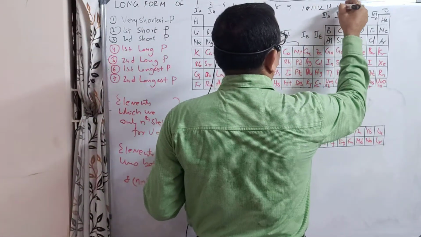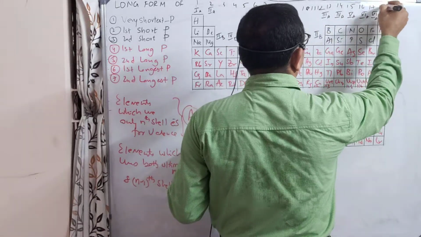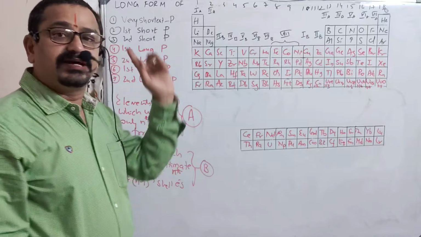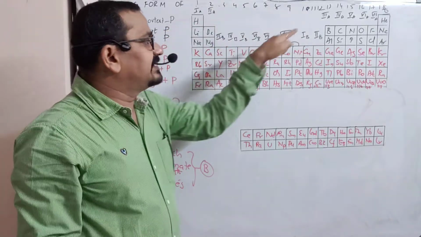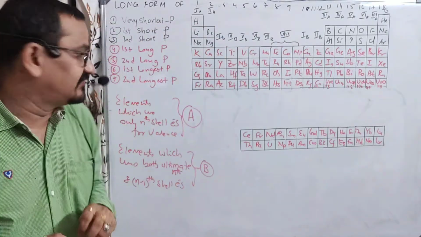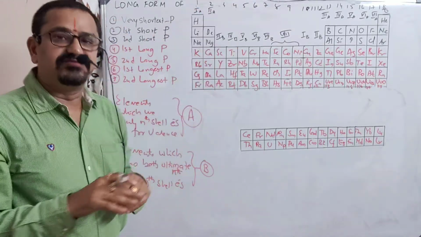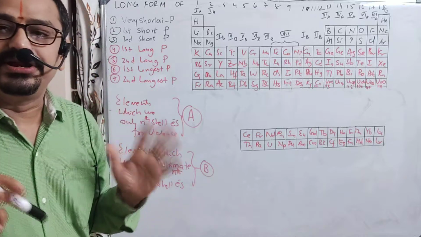This is 13, 14, 15, 16, 17, 18. So in this way, this continuous numbering system was given by IUPAC, whereas this valency based system was developed in Mendeleev's time itself. Such a beautiful arrangement was given in the long form of periodic table.